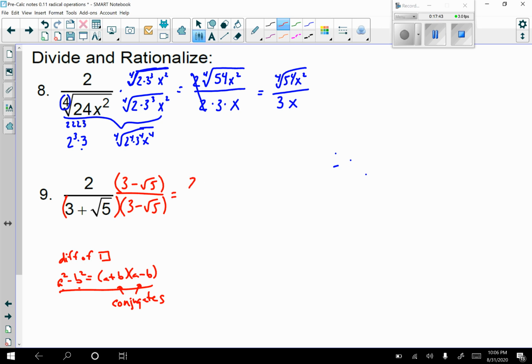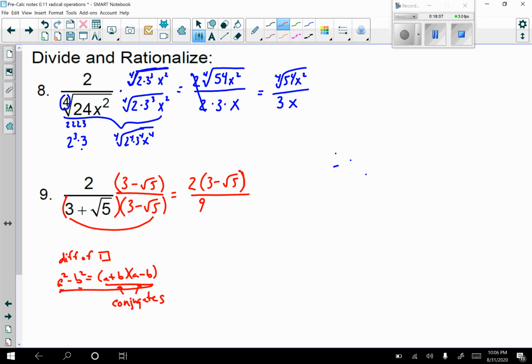We get, I'm just going to write this right now as 2 times 3 minus root 5. Try to factor as much as possible, so why multiply it in if I can just factor it back out? And on the bottom, well, these conjugates multiplied to be a squared minus b squared, just the first one squared minus the second one squared. If we go through FOIL, 3 times 3, that's 3 squared, 9.